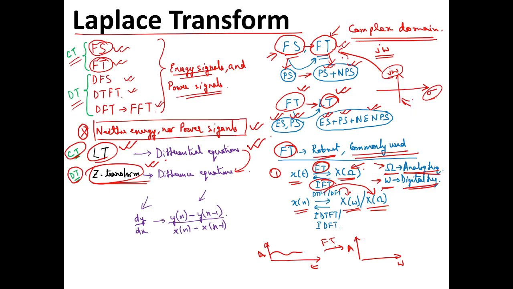There are many other properties which, if you want, you can go and study. So in today's class we'll be understanding the relationship between the Laplace transform and the Z transform, after understanding both.